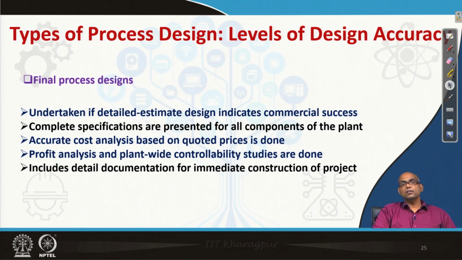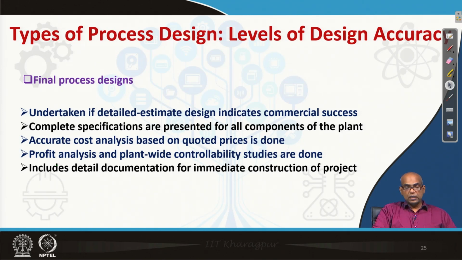Final process design will be undertaken if detailed estimate design indicates that there is an opportunity for commercial success. Here, complete specifications are presented for all components of the plant. Accurate cost analysis based on quoted prices is done. Profit analysis and plant-wide controllability studies are done.